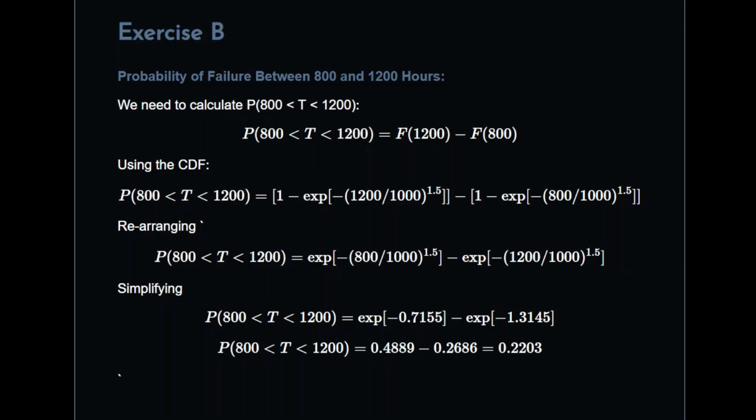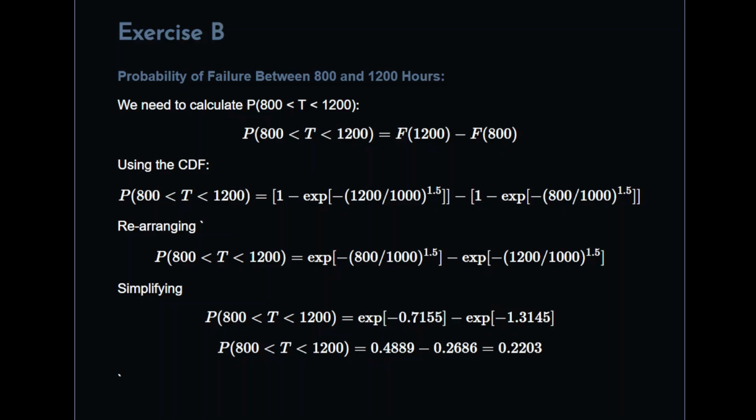So F of 1200 minus F of 800. Using the cumulative distribution functions, we have 1 minus the exponential of minus (1200 divided by 1000) to the power of 1.5, minus 1 minus the exponential of minus (800 divided by 1000) to the power of 1.5.